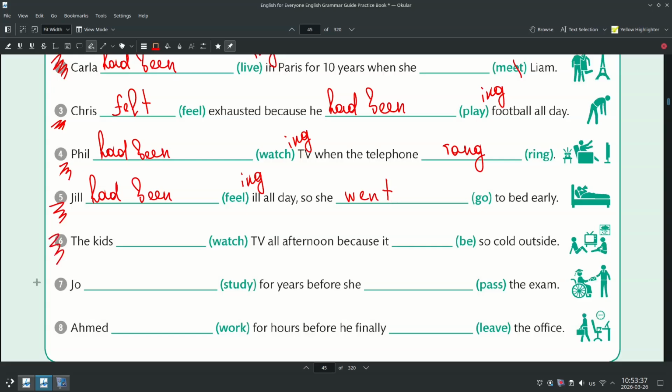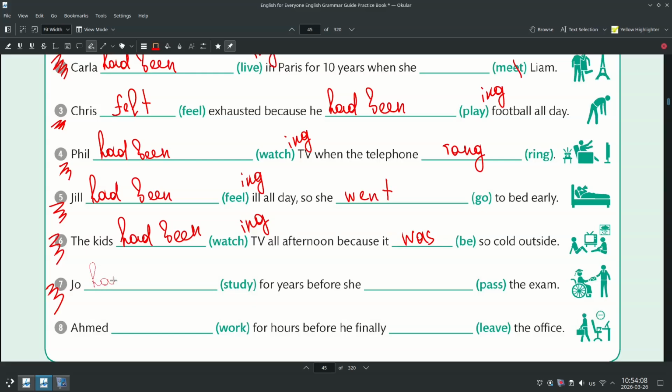Number 6. The kids watch TV all afternoon because it be so cold outside. The kids had been watching TV all afternoon because it was so cold outside. Number 7. Jo studied for years before she passed the exam.